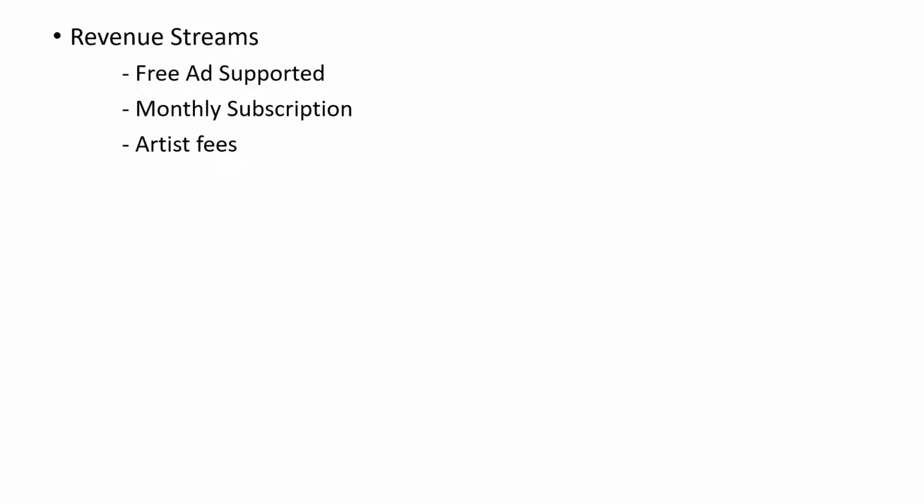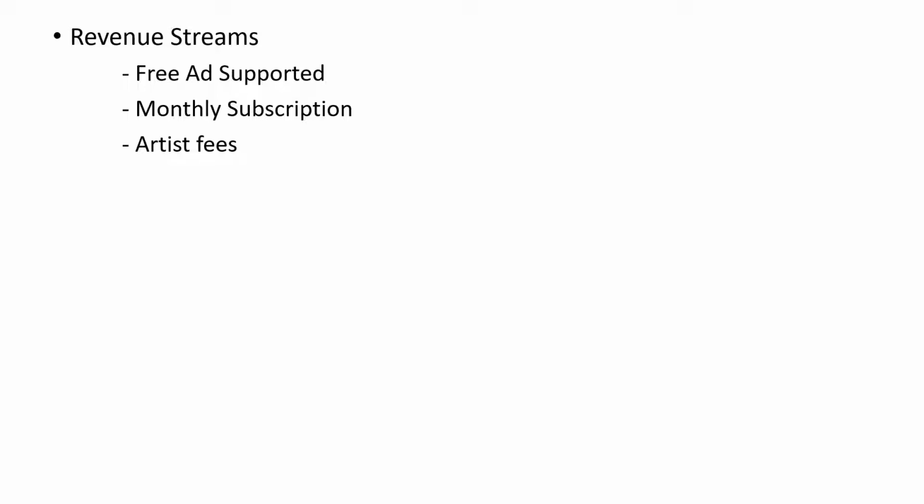So this is basically the main key component of the business model. If you see, Spotify generates revenue majorly in two ways. One is free ad supported. For the non-premium subscribers, most of the time they generate revenue through free ads.